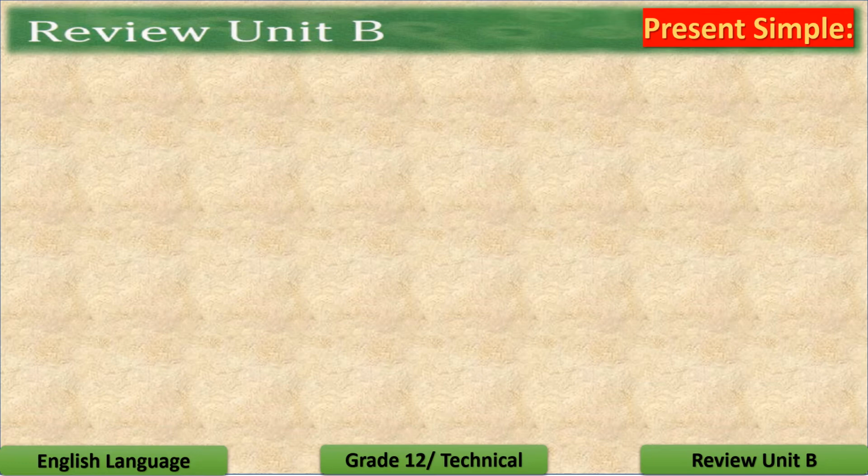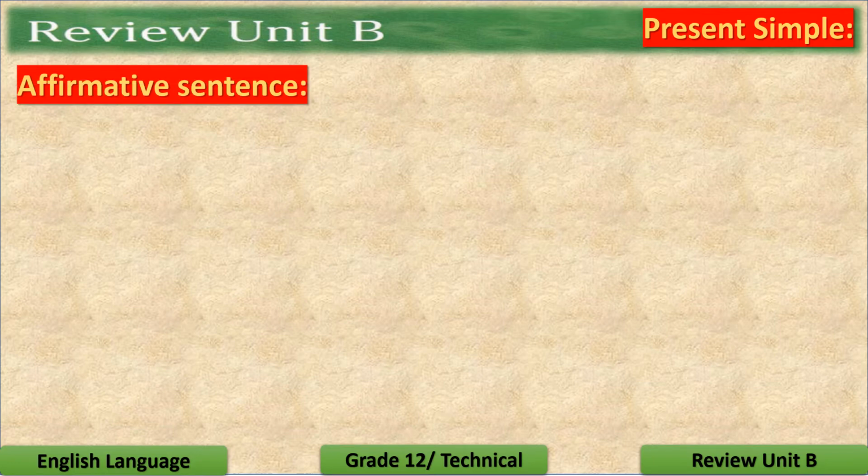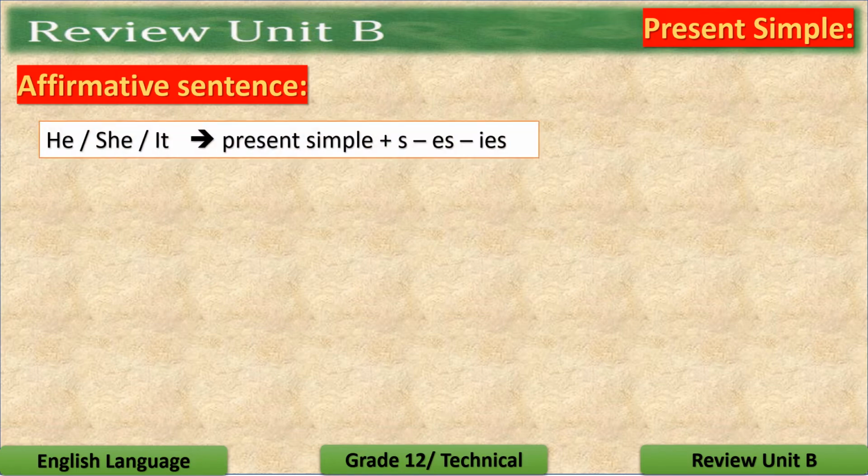Dear students, let's begin with the present simple, the first objective in our lesson for today. So let's talk about the present simple in the affirmative form. With singular nouns or pronouns, we need the present simple followed by S or ES or IES.